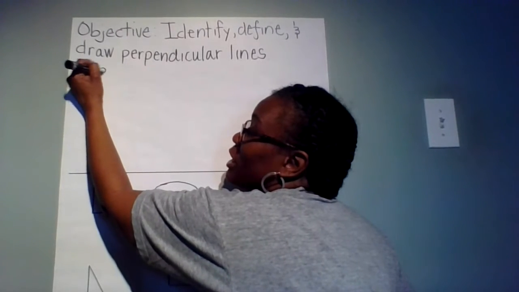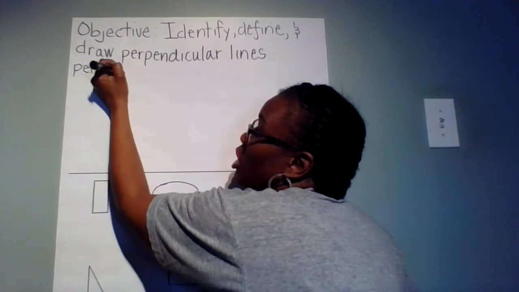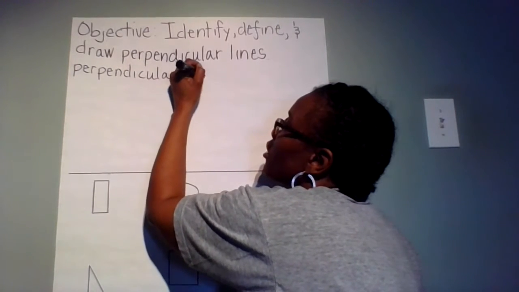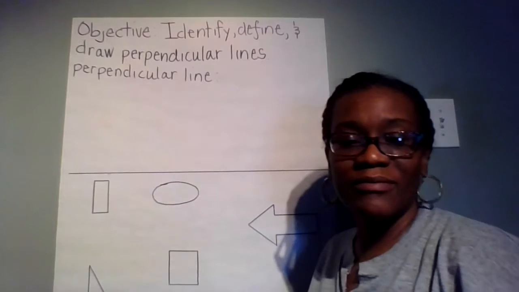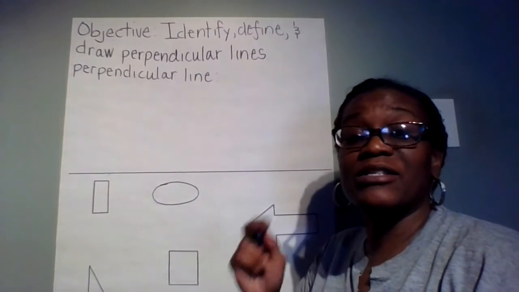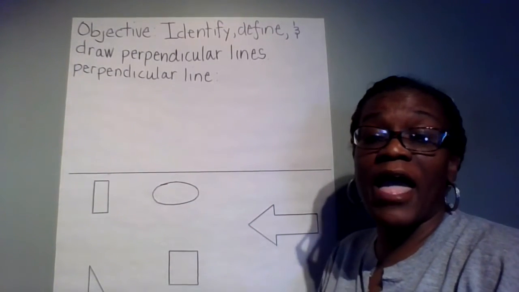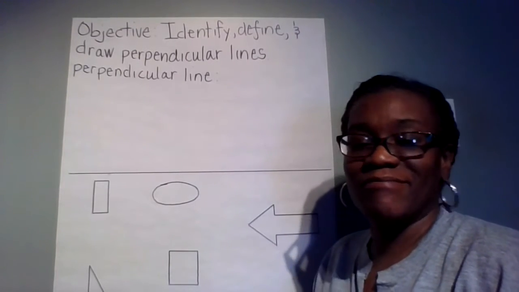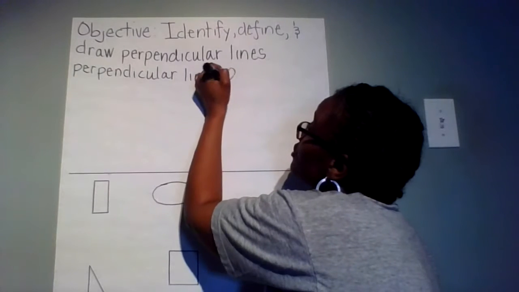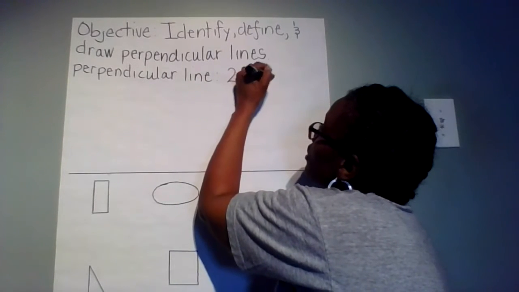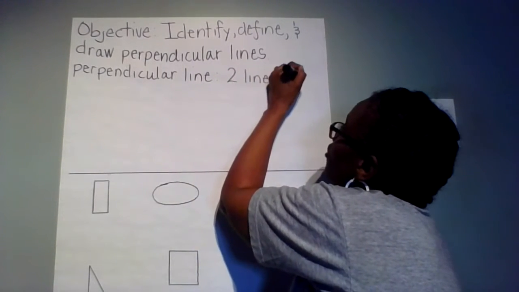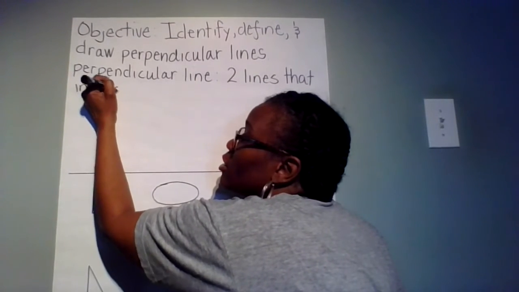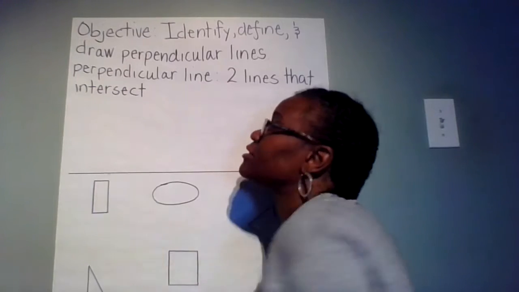So you tell me, what is a perpendicular line? That's right, scholars. It's two lines that intersect and they form a right angle. So it's two lines that intersect.